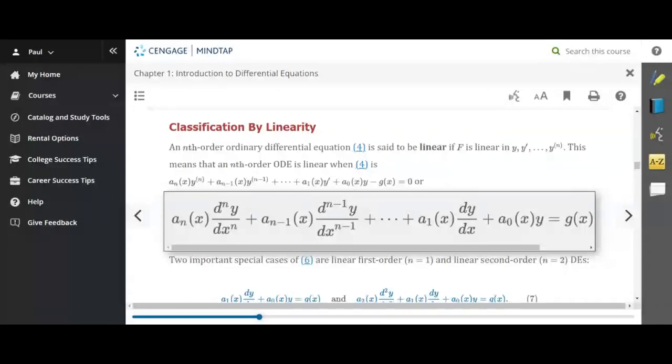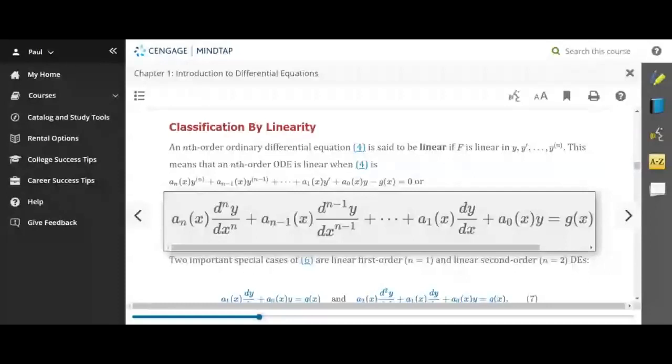I give you unlimited tries, basically. But when it's multiple choice, the tries are limited. So if it says, is this differential equation linear or nonlinear? Well, you have basically one try at that. So you have to be kind of careful.